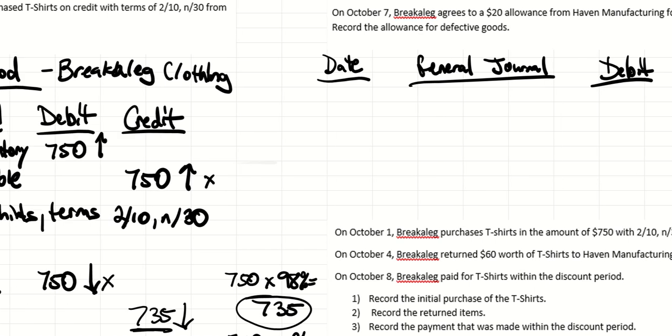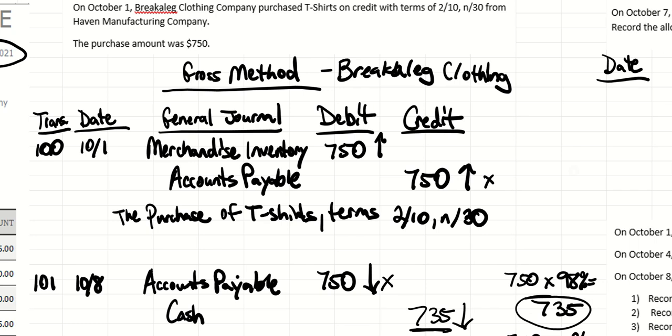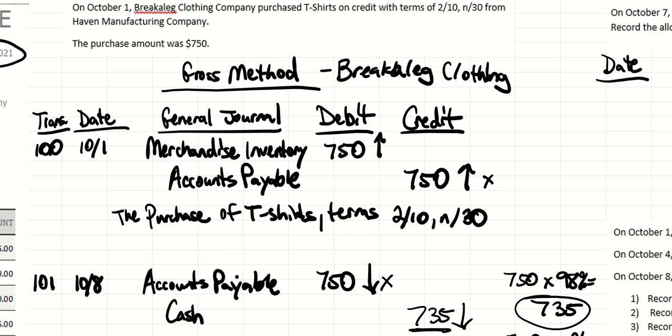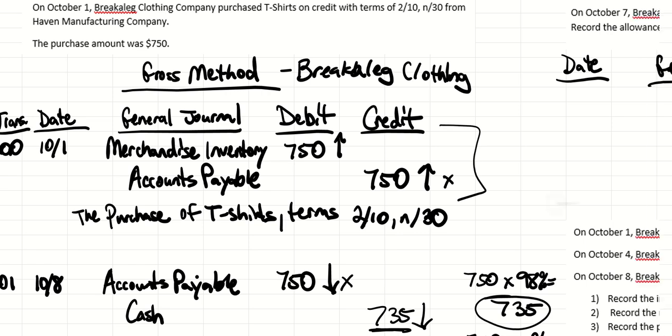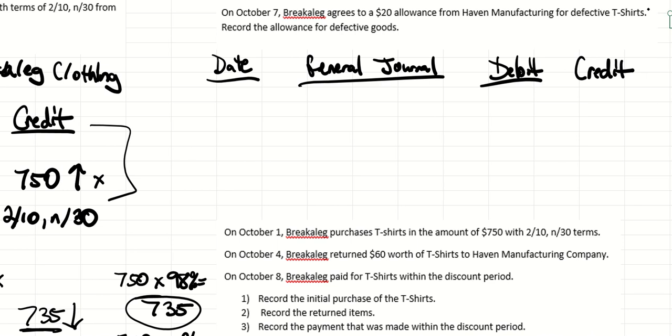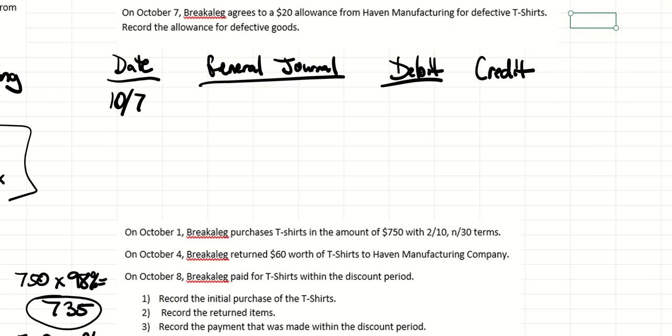So scrolling over here to transaction 100, the first transaction, let's assume that we're basically following this transaction here that occurred on October 1st. So we're going to say on October 7th, there were some defective t-shirts. Haven Manufacturing provided Break a Leg Company an allowance of $20.